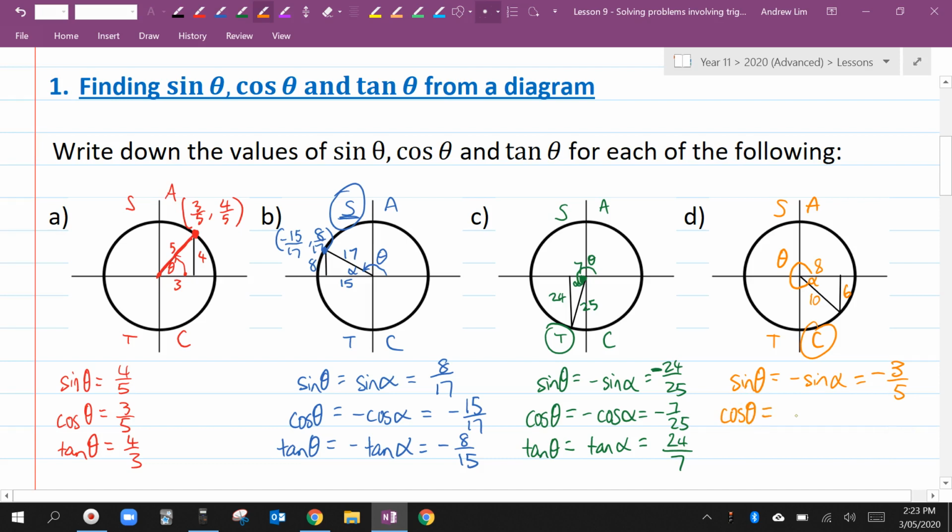Cos of theta is going to equal cos of alpha, and it's positive in this quadrant. Cos is 8 over 10, which is positive 4 over 5. Tan of theta is going to equal negative tan of alpha. Tan of alpha is 6 over 8, or 3/4, so it's going to equal negative 3/4.